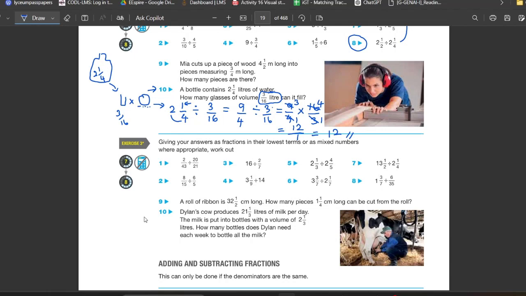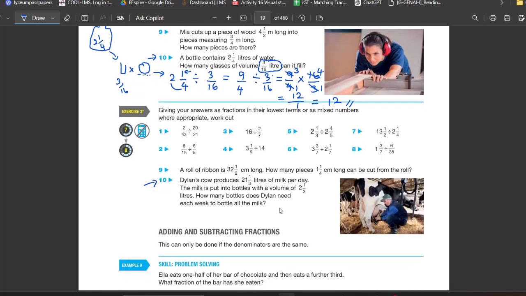Okay, let's do the 10th one also. Dylan's cow produces 21 and 1 over 3 liters of milk per day. The milk is put into bottles, this is like a large container, let's say.